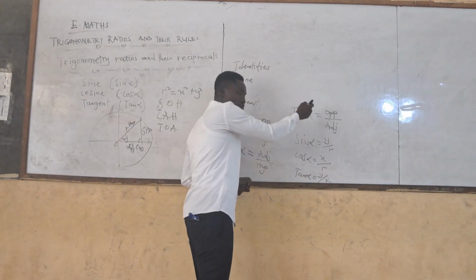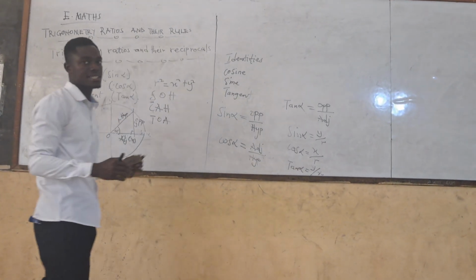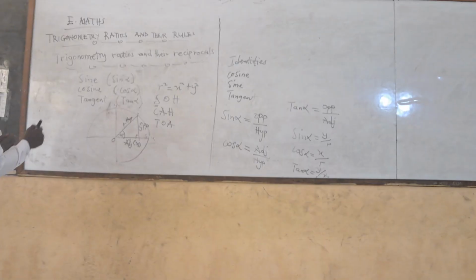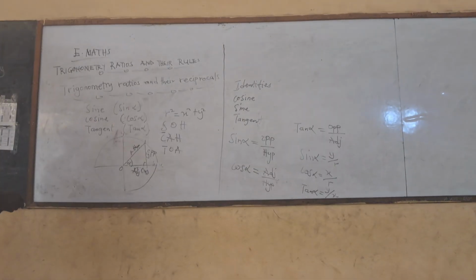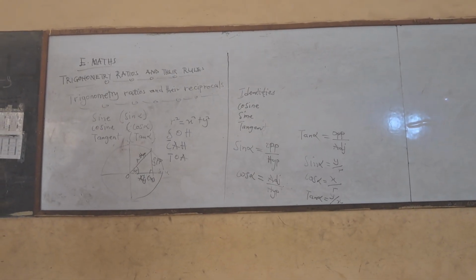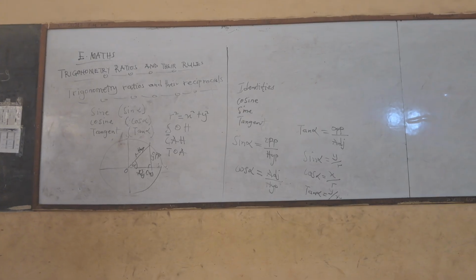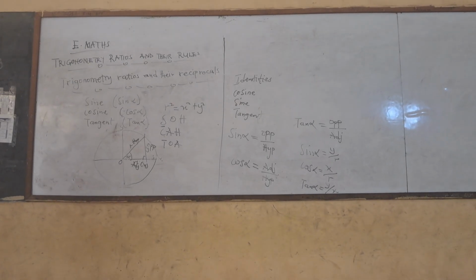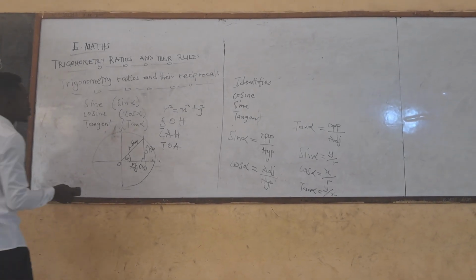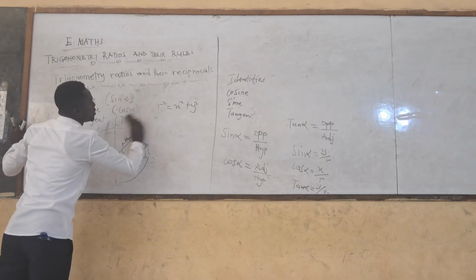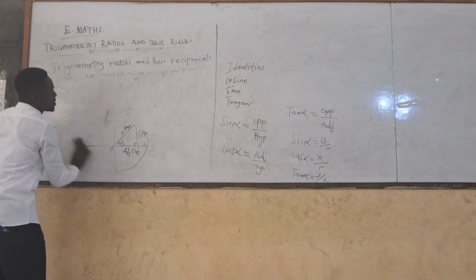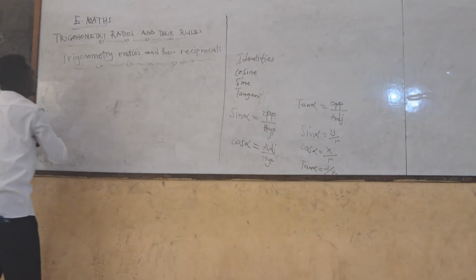These are the ratios of these three basic identities. We also have their reciprocals. We also have these three. These are the three main basic trigonometry ratios we know.